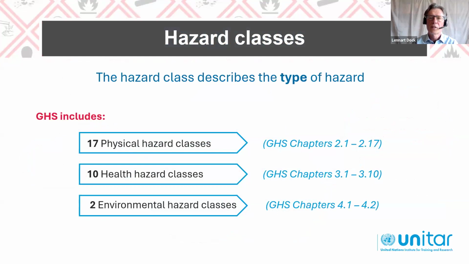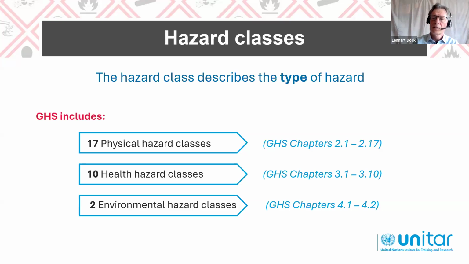So we have physical hazards, health hazards, and environmental hazards. And there are 17 physical hazard classes, which I will show in a little bit, 10 health hazard classes and 2 environmental hazard classes. And the hazard classes describe the type of hazard, what kind of hazard that is.